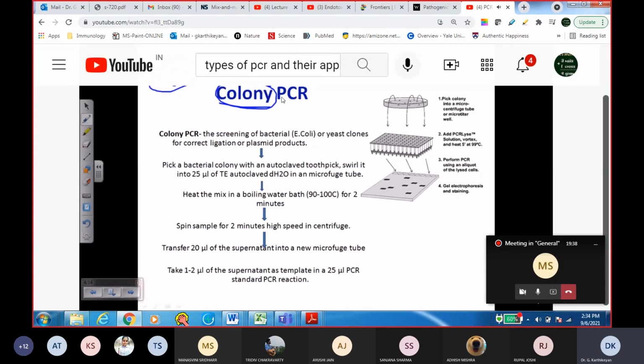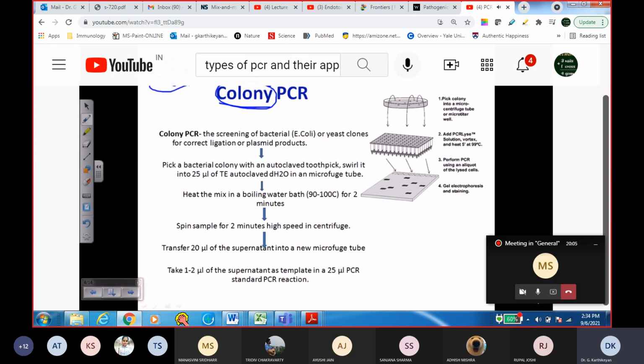So to simplify that and lower the time consumed, we perform a crude type of PCR, taking direct colonies, which are bacterial cells from the plate, cracking open the cells, taking out the crude extract of the DNA, and amplifying that particular DNA with our desired primers. So this is the basic goal of colony PCR.